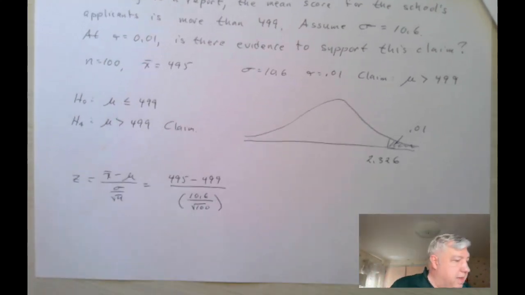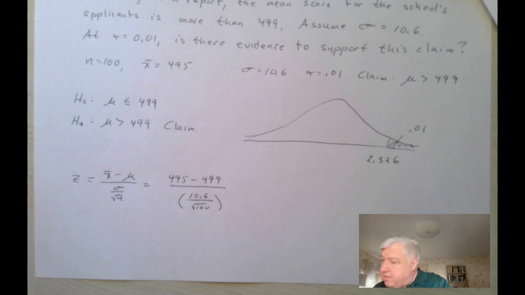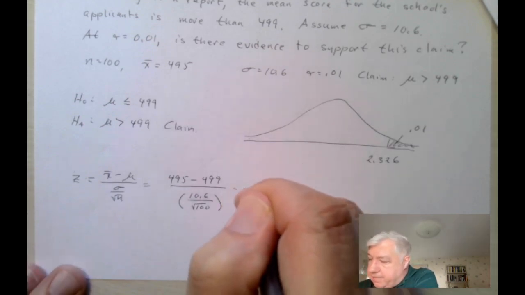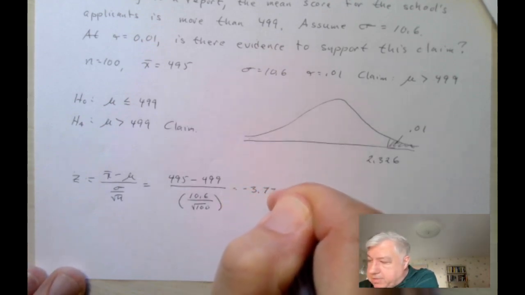Then if we compute that, 495 minus 499 is negative 4, divided by 10.6, multiplied by the square root of 100. That's negative 3.773.